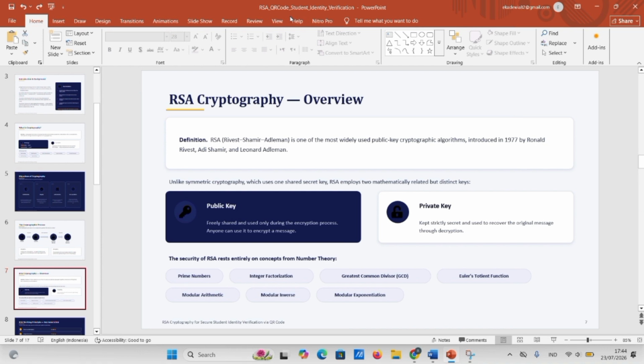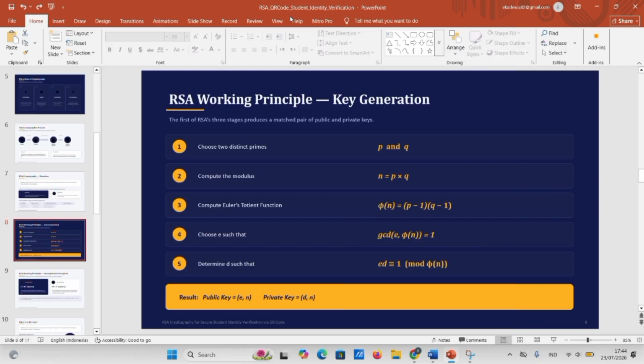Prime numbers, integer factorization, greatest common divisor, Euler's totient function, modular arithmetic, modular inverse, modular exponentiation. The first stage of RSA is key generation. First, two large prime numbers, P and Q, are selected.